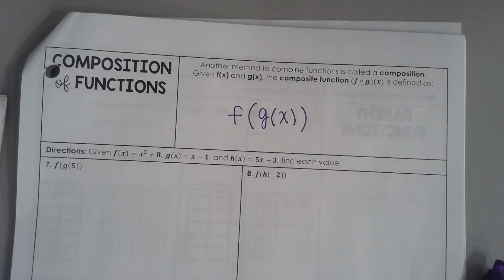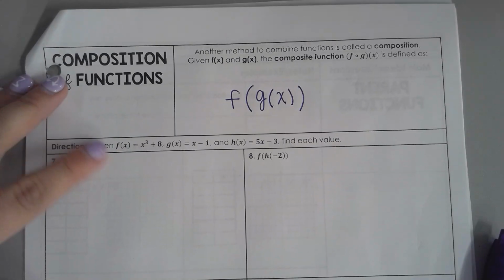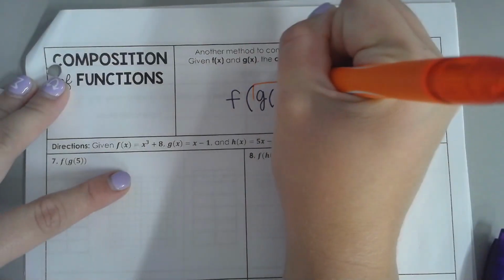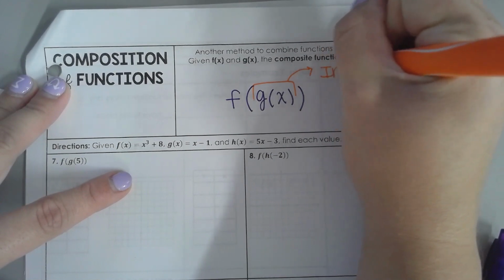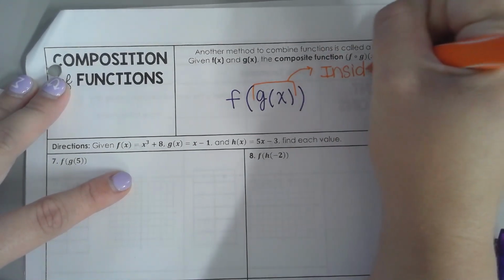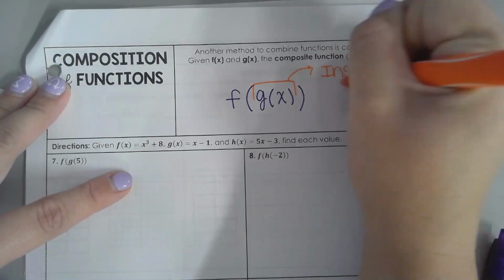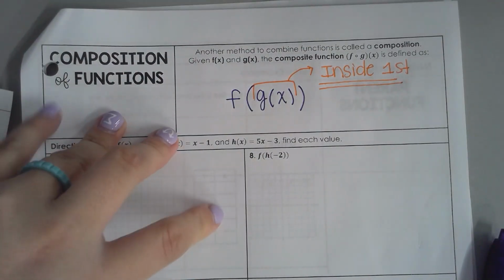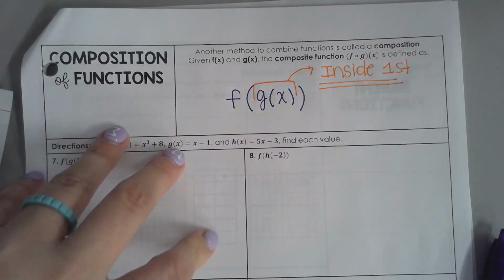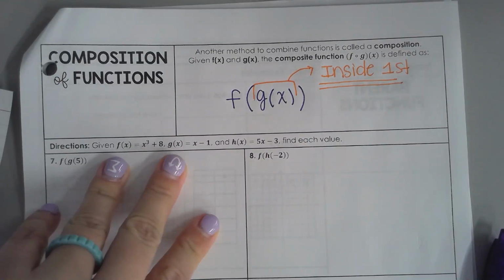So when we're solving problems like this, you're going to do the inside first. Whatever it has on the inside, and once we get to a real example, it'll make more sense. Whatever's on the inside, you do that first.